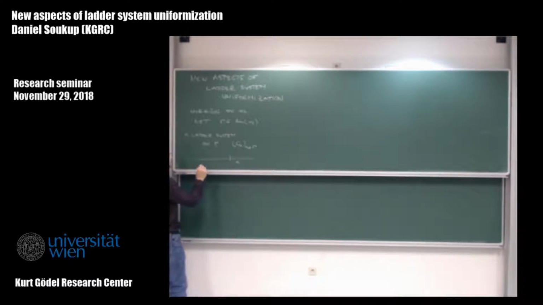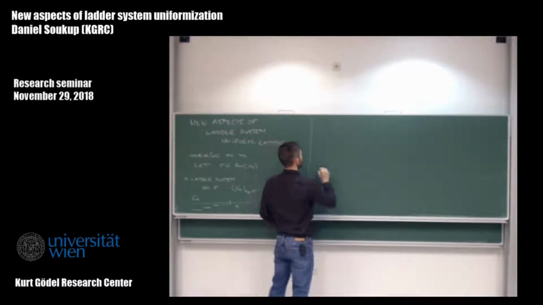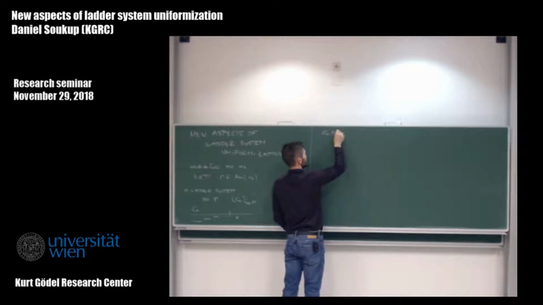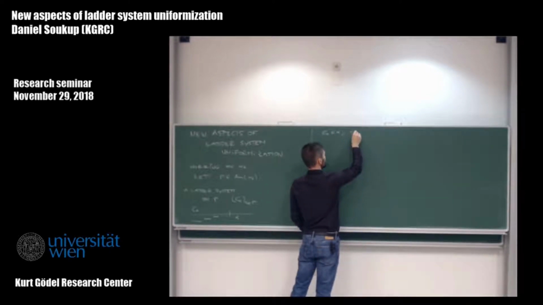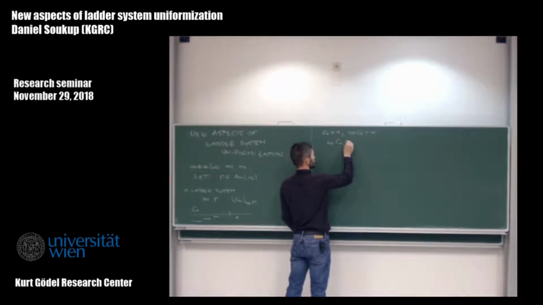This is alpha, and C alpha converges up to alpha like this. So C alpha is a subset of alpha, the supremum of C alpha is alpha, and the type of C alpha is omega.